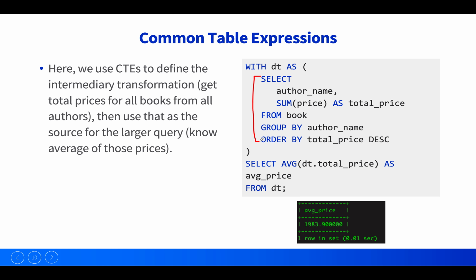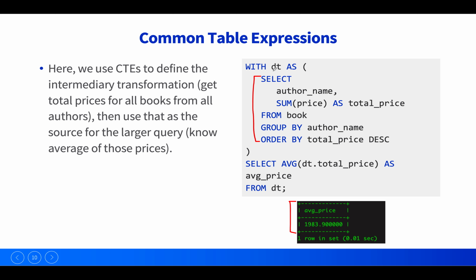We use that as a common table expression, and we call it dt. Afterwards, we can proceed to write down our larger query, so we can still do SELECT AVG(dt.total_price) AS average_price FROM dt, and we should get the same result set as we saw from before.